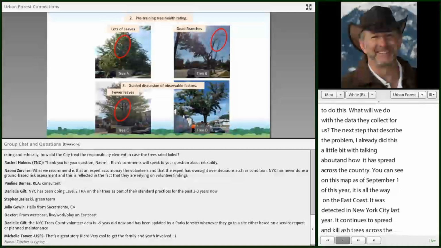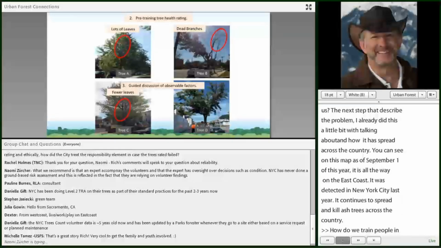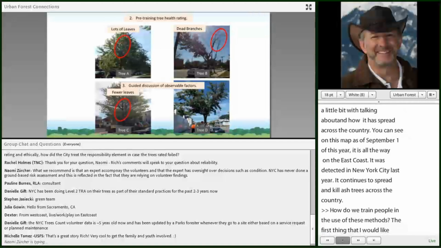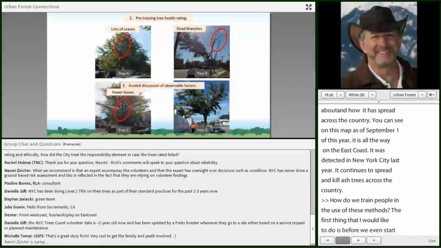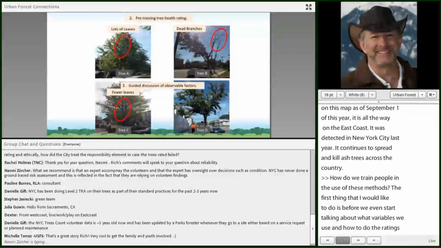So how do we train people in the use of these methods so we can get replicable data from each of the raters? The first thing I like to do, before we even start on talking about what variables we use and how to do the ratings and the methodology, is we go out together and look at trees that cover a range of stress.